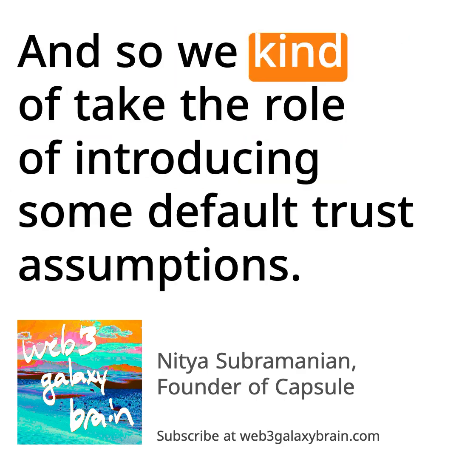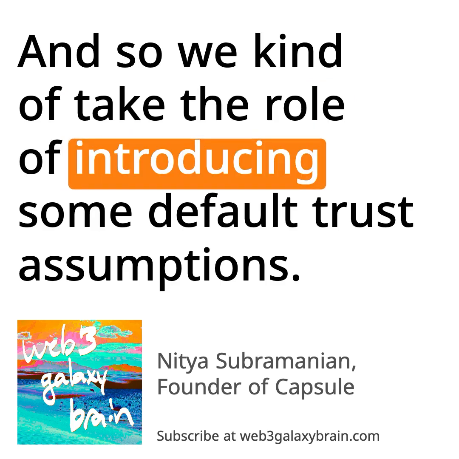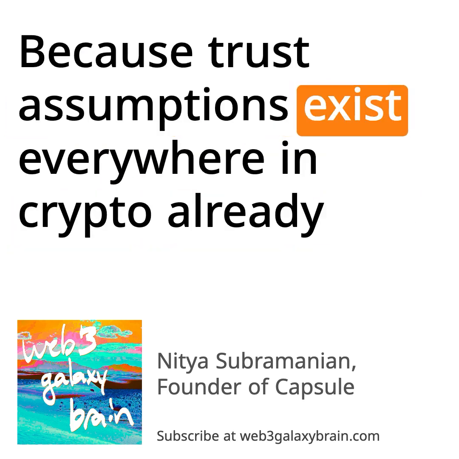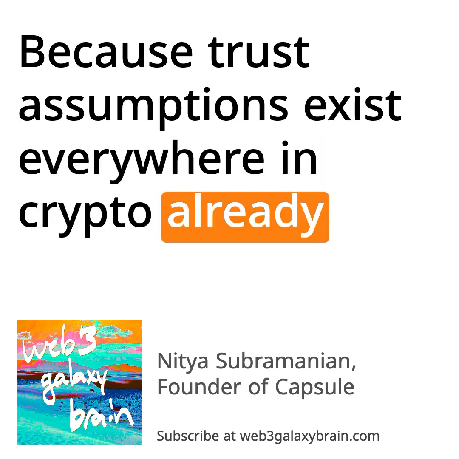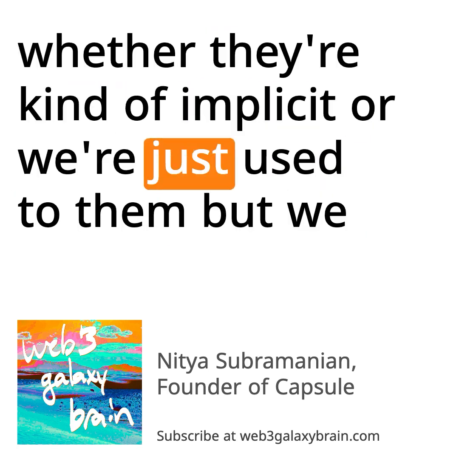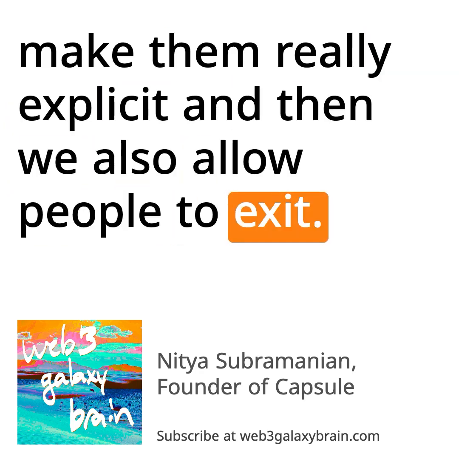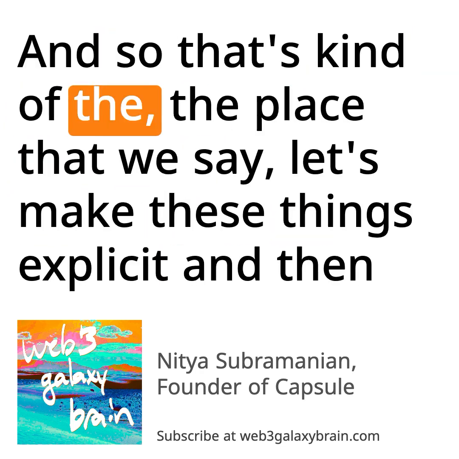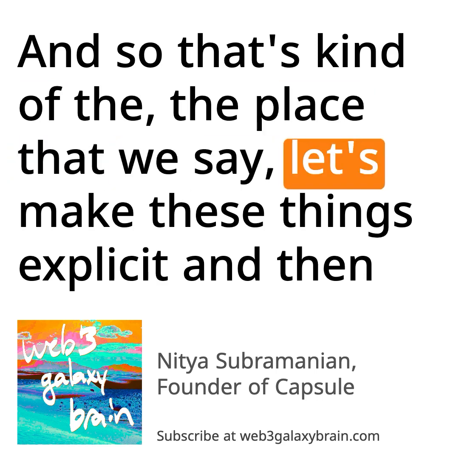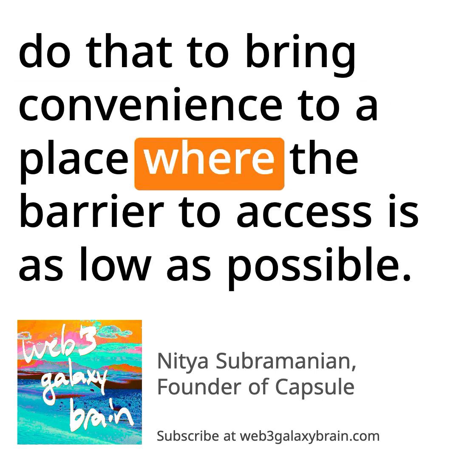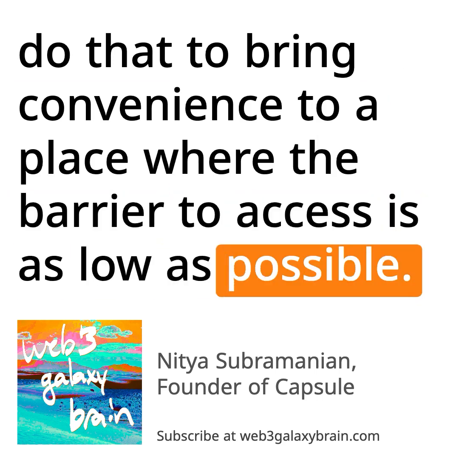And so we take the role of introducing some default trust assumptions because trust assumptions exist everywhere in crypto already, whether they're implicit or we're just used to them. But we make them really explicit and then we also allow people to exit. And so that's the place where we say, let's make these things explicit and then bring convenience to a place where the barrier to access is as low as possible.